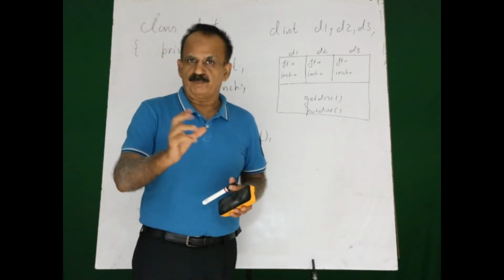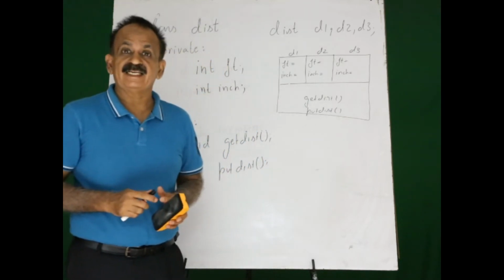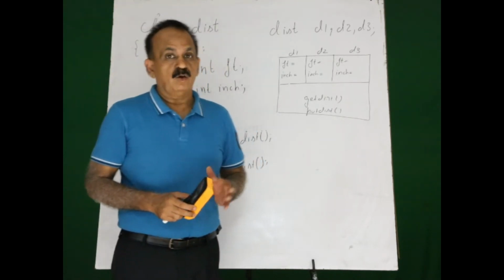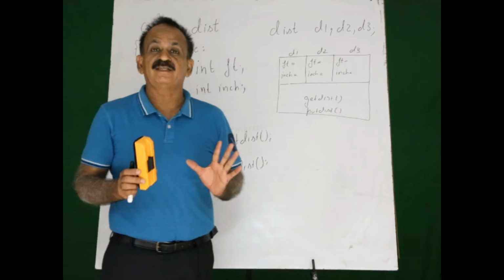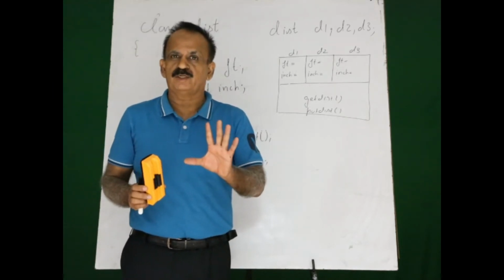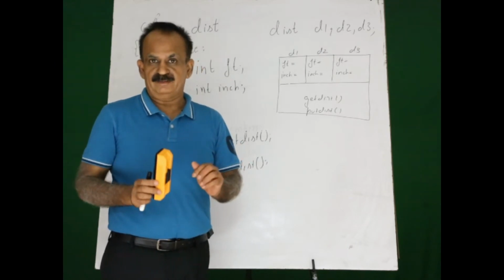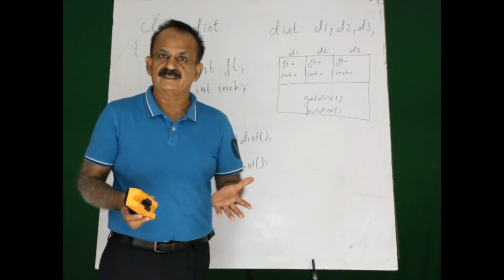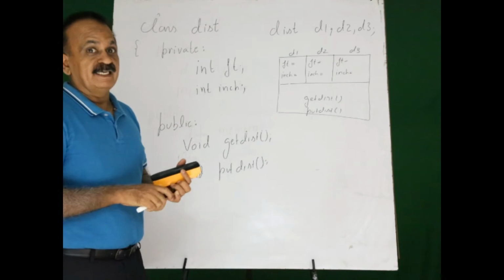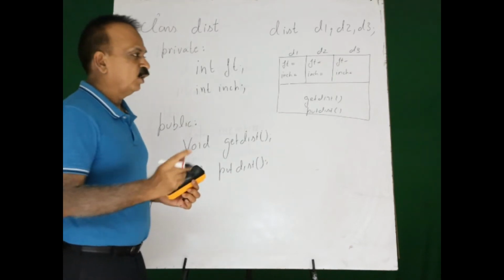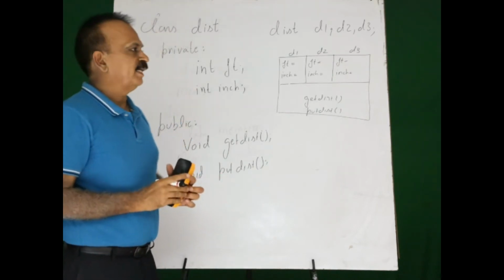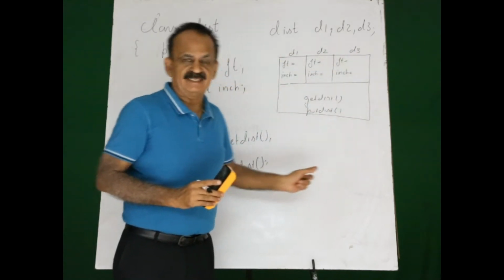Now the actual topic, that is static data member. Now static data members are special data members. It's very important to understand that static data members are special data members. Now what basically is special in that? The special thing is the data item will be created only once and it will be used by the complete class.